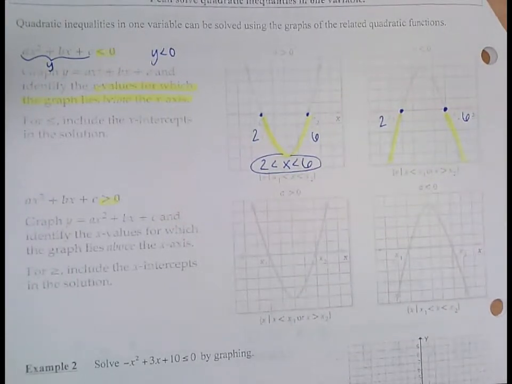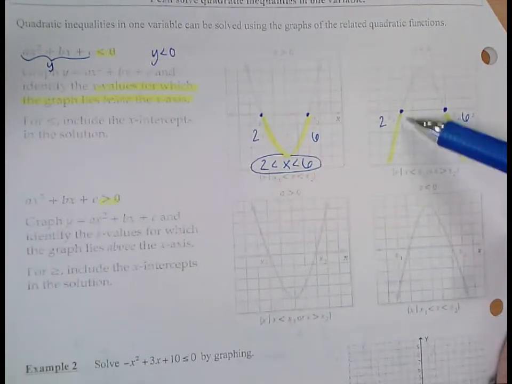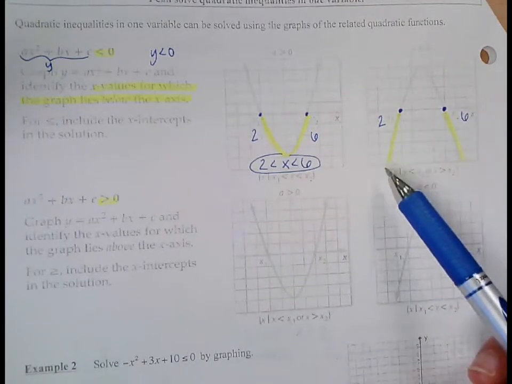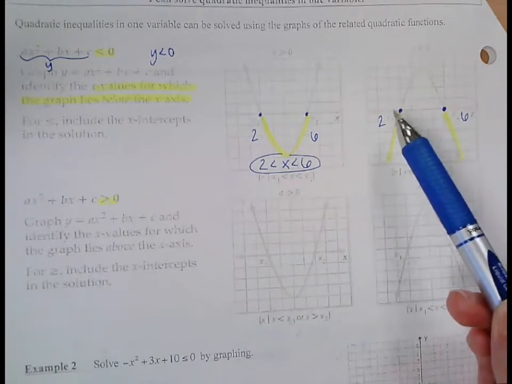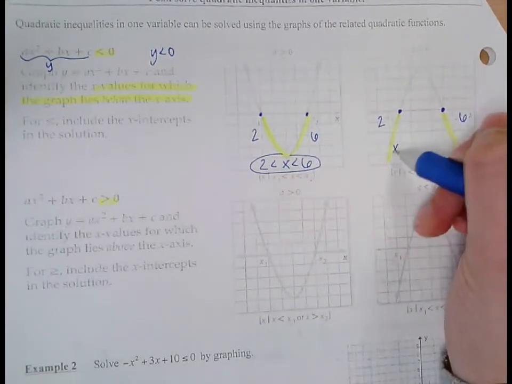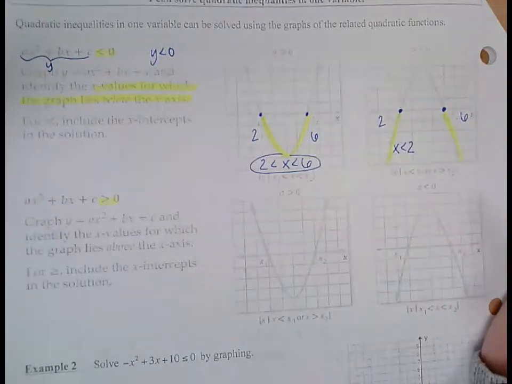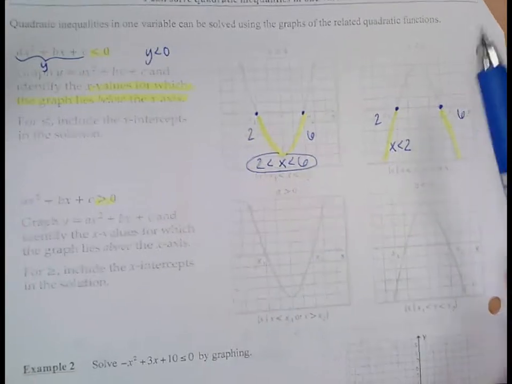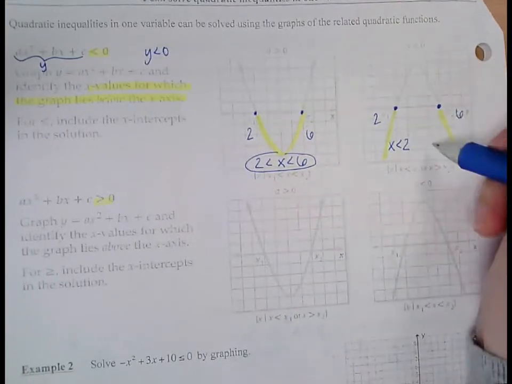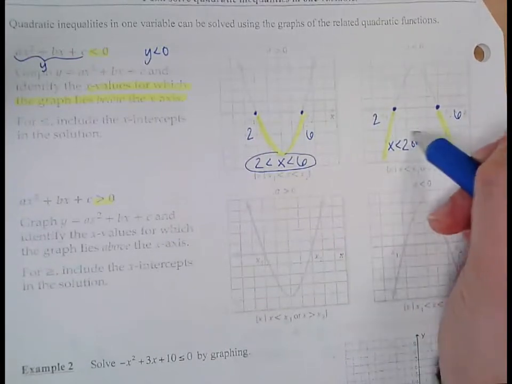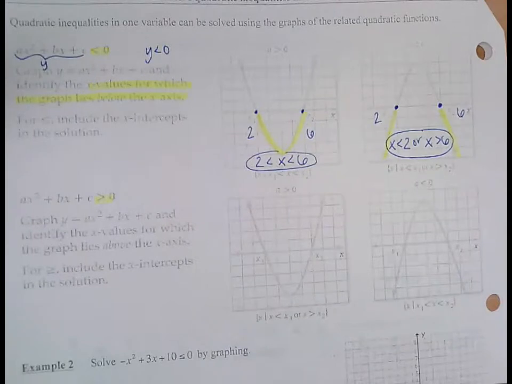And therefore your solution set is written differently because the left part of your graph would be the part of the graph for x values that are to the left of 2. So this would be x values that are less than 2, because it's to the left. And then the other part would be anything to the right of 6, so it would be x values that are greater than 6. So your solution set would be x is less than 2 or x is greater than 6.